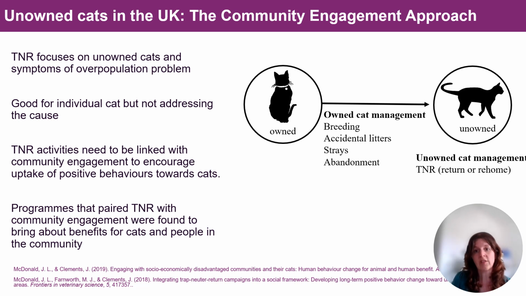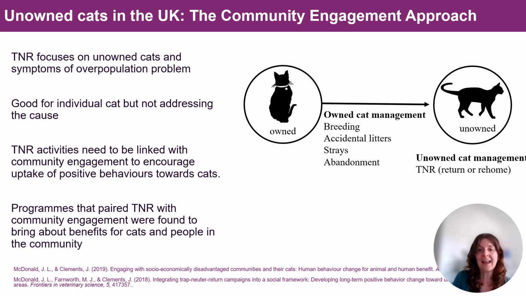That's not to disregard the positive impact on the individual cat that's being helped by these efforts, but if we're looking at it through a population management lens and where resources may be limited, then TNR is often an imperfect solution. Additionally, whether unowned cats get neutered will depend on the actions of individuals within the community.